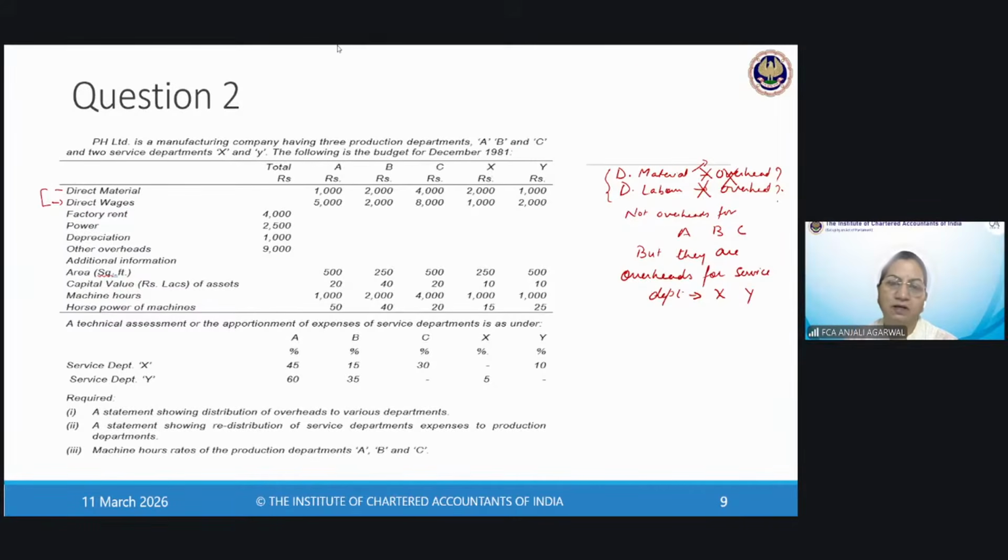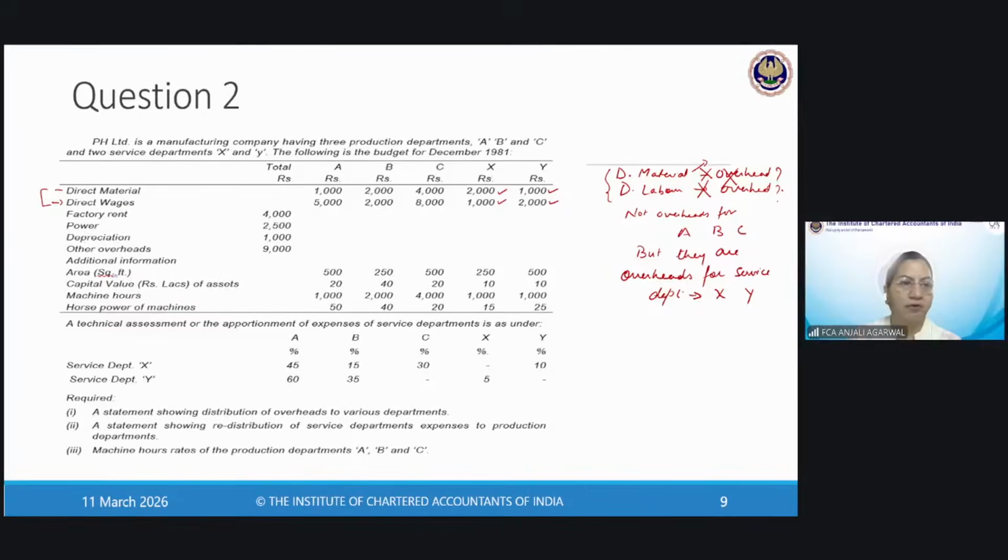So it could be the lubricants, grease, oiling that is required to run the machines. So they are not overheads for A, B, C, the production departments, but these four items are overheads. Okay.